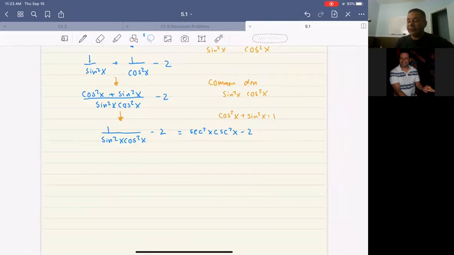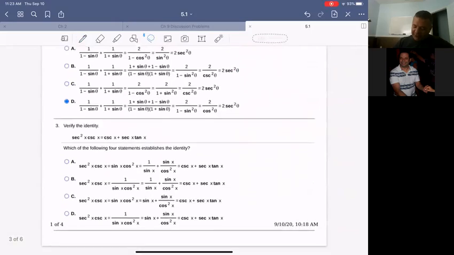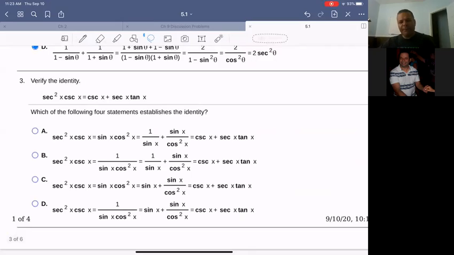Now let's take a look at a problem similar to this on MyLabs Plus. We're going to look at number 3 here. We have to verify this identity. It seems a little bit different, but we're going to go with it.